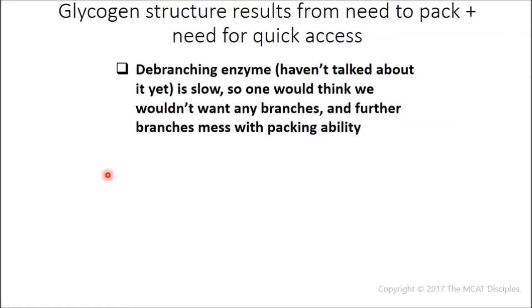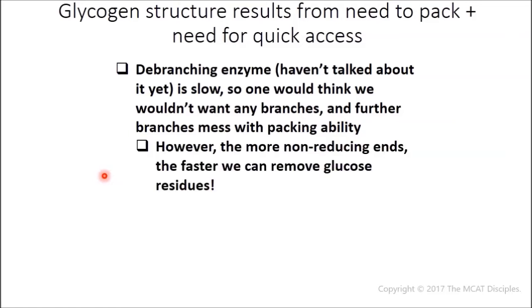When I look at glycogen, I would say, why would we want branches? Wouldn't that make it harder to pack glycogen? And that's true. But the reality of it is we want more non-reducing ends so that we can remove the glucose residues faster. We want that because glycogen phosphorylase is much faster than the debranching enzyme. So the more non-reducing ends we have, the quicker we can release the glucose into the cytosol.